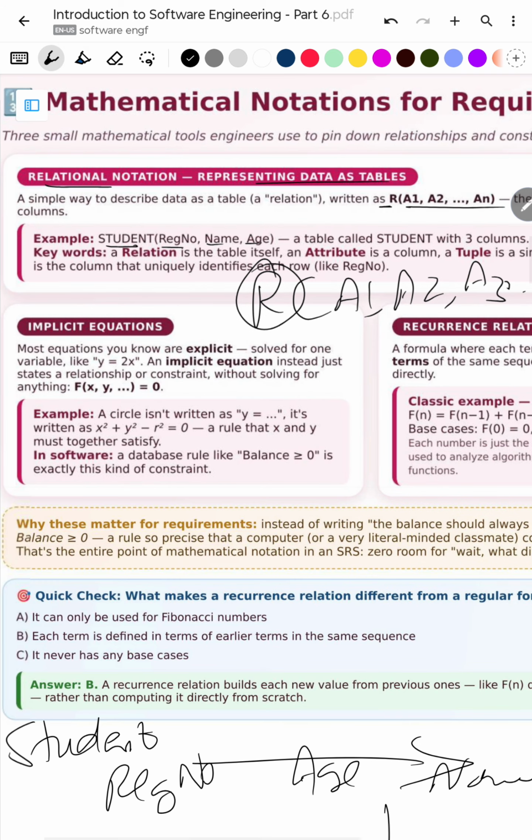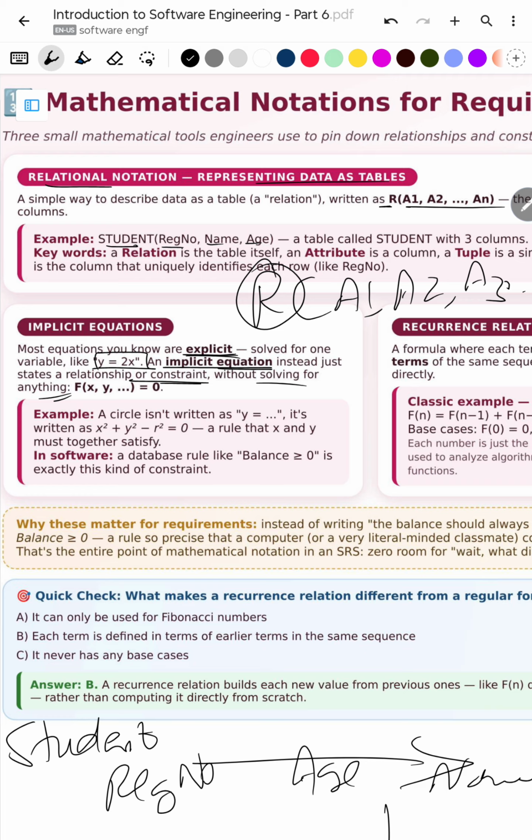Now what are implicit equations? Most equations you know are explicit, solved for one variable, like y equals 2x. An implicit equation instead just states a relationship or constraint without solving for anything. An explicit equation is solved for one variable. Implicit equations don't solve anything, they just give a function or a constraint.